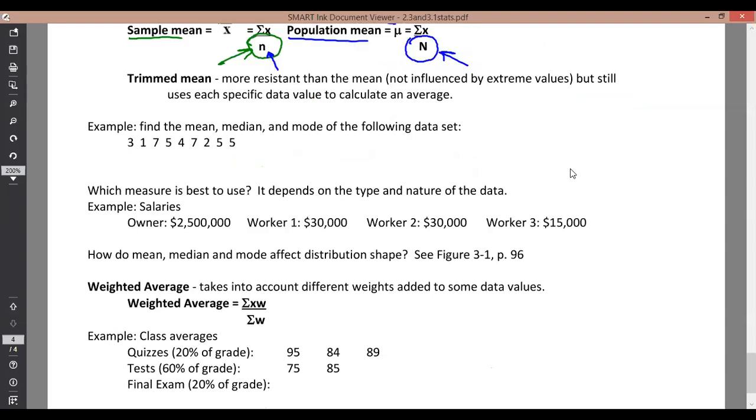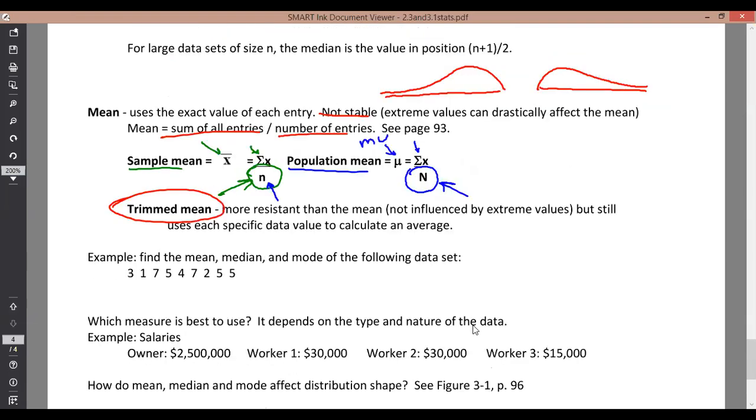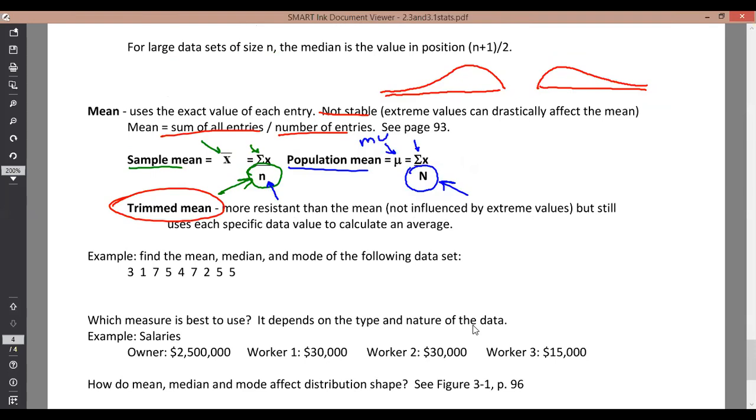Now your book goes into talking about a trimmed mean. Because high or low data values can skew your distribution, like if you have extremely high values, it will skew the mean higher. What they'll do is take some percentage of the lowest values, some percentage of the highest values, and just take them out of the data set and essentially find the average of what's in between.